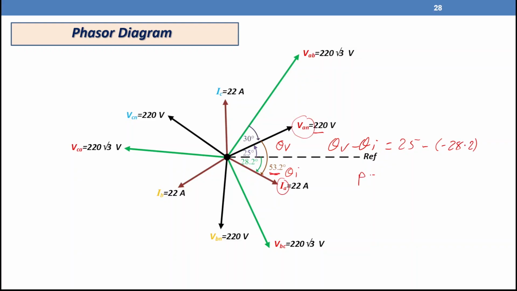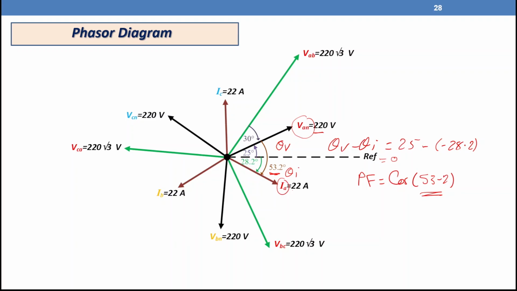So the power factor is cosine 53.2, which is the impedance angle, and we can say that one is lagging power factor because the current is lagging the voltage. Don't forget that the reference is 0 angle, so we measure everything with regard to this reference.